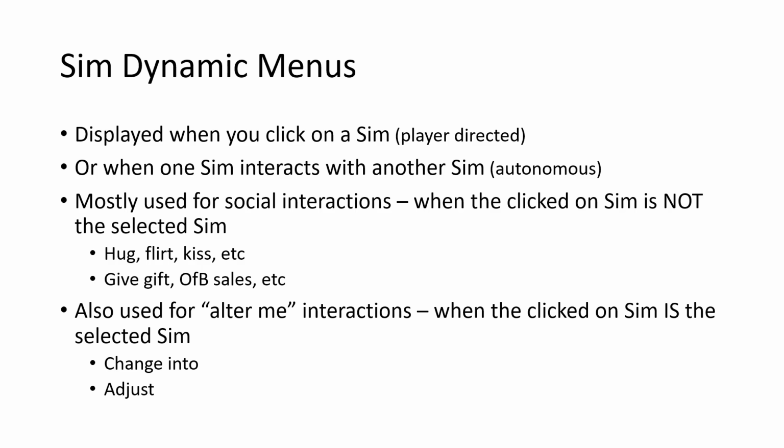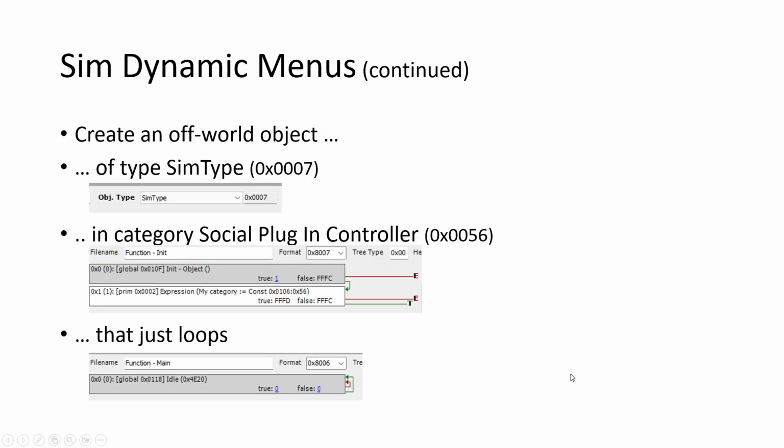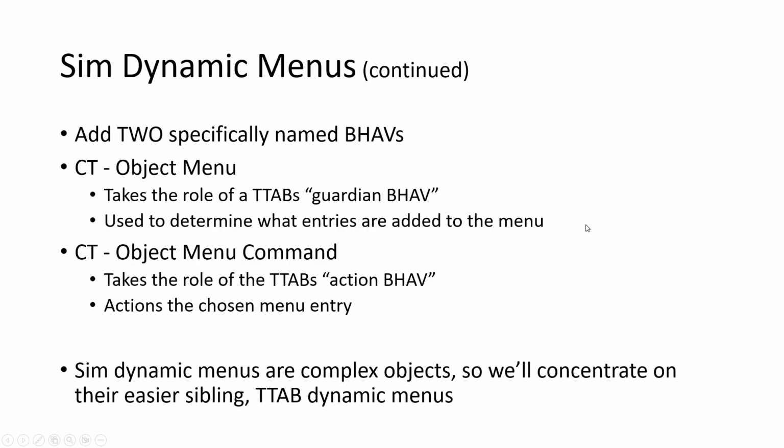Some modders have also used them for utility interactions, so there is an adjust, change your body hair overlays, change into clothes, where the selected sim is the sim you clicked on. They are constructed very differently from an object dynamic menu, because you have to create an off-world object of sim type 7, you have to put it in a special category, you set it up so it just loops, you then have to write special TTABs.